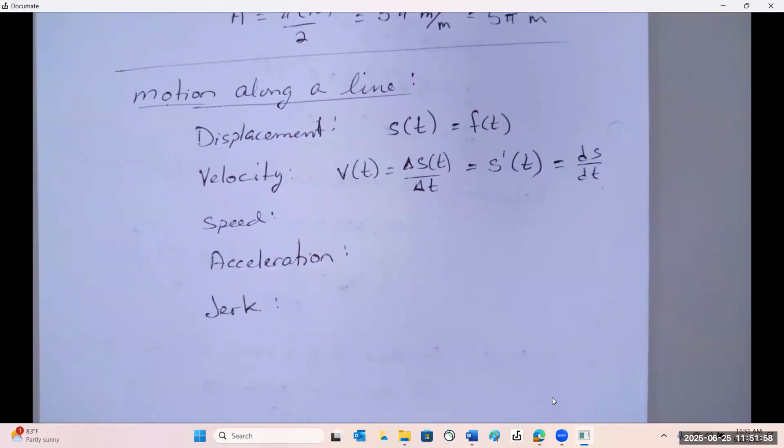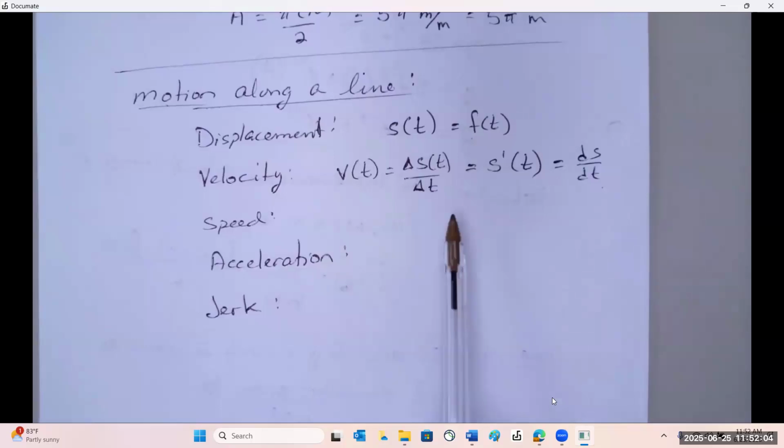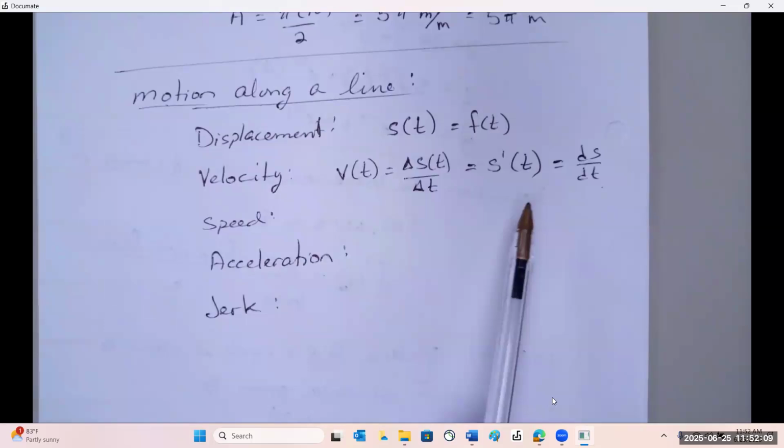So what is speed? You're right. Velocity has a direction. When you're going in your car and you're driving, your odometer doesn't tell you you're going 20 miles an hour east.